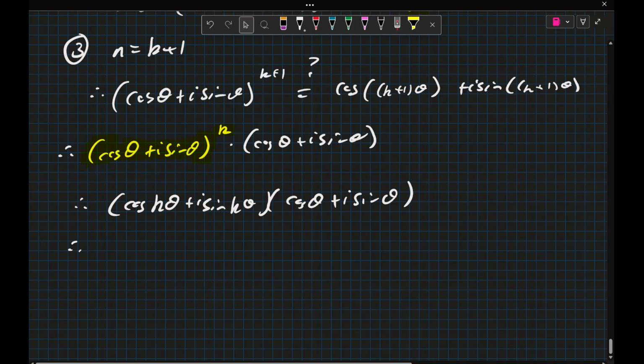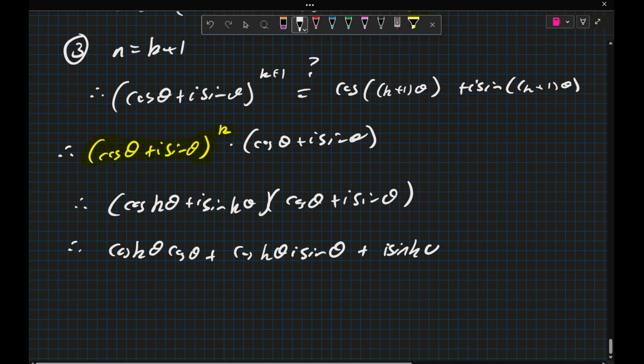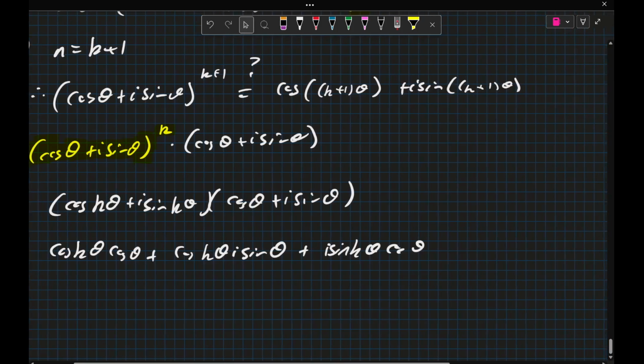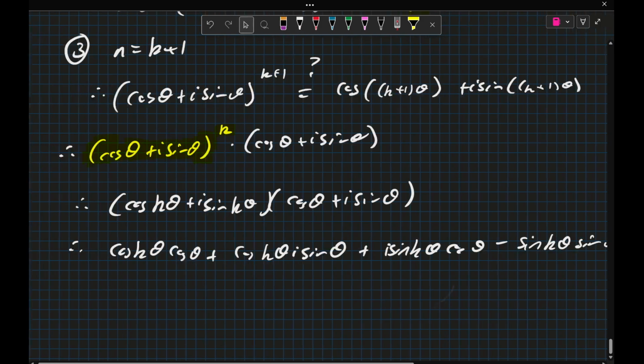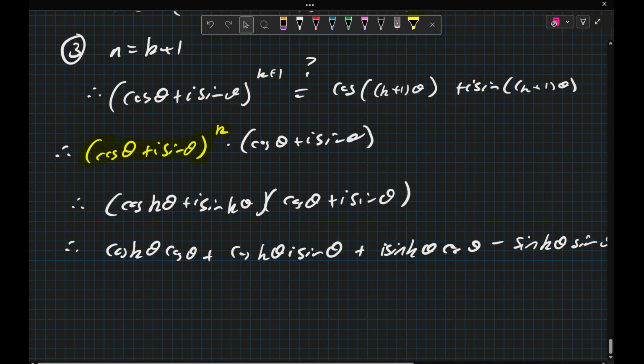When we expand this out, we get cosine k theta cosine theta plus cosine k theta i sine theta plus i sine k theta cos theta. Now the i squared gets minus 1, so we're going to have minus sine k theta sine theta. Okay, so we're going to group the real and imaginary.